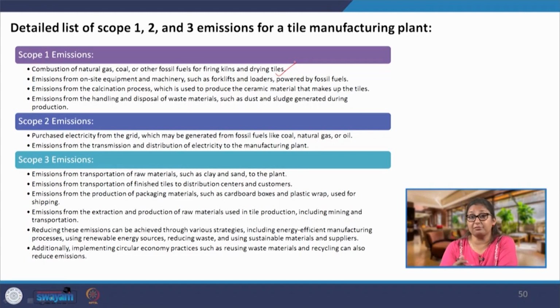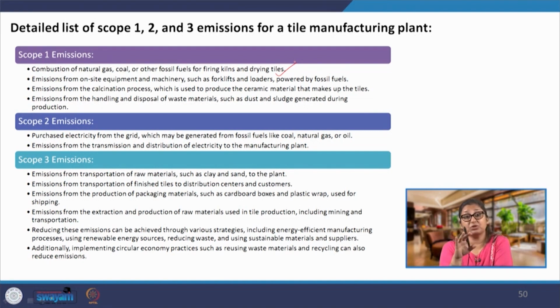Then we also have emissions from on-site machinery such as loaders, forklifts, tractors, mixers, and a lot of other machinery, which sometimes might be run on electricity, then it does not count towards direct emissions, but if it is run on some other fuel, for example diesel, a lot of times these machines are run on diesel, then they are counted towards direct emissions.